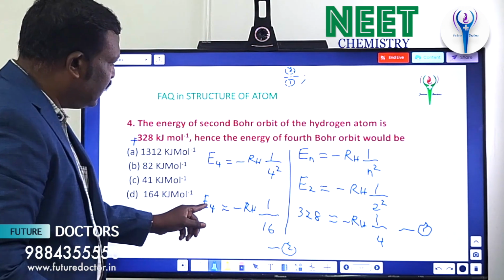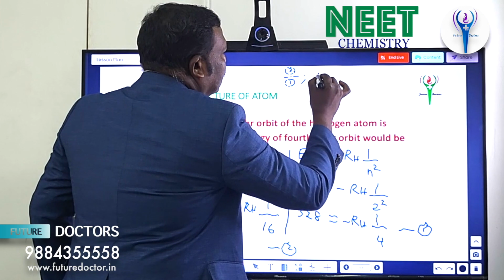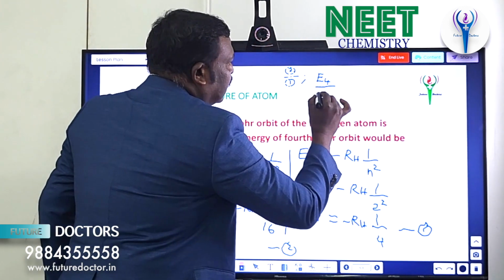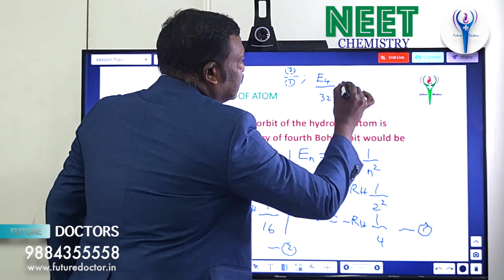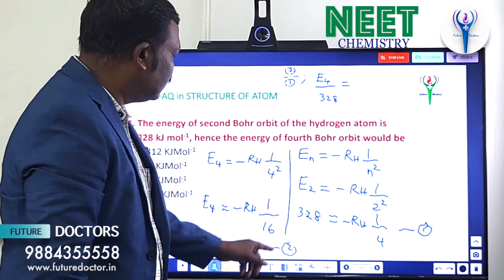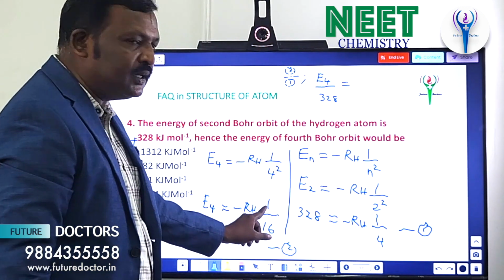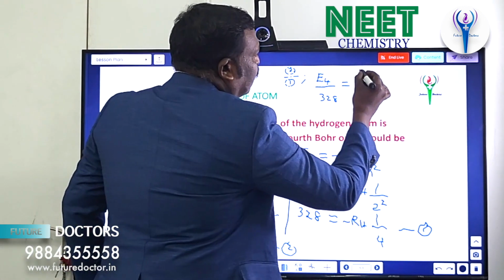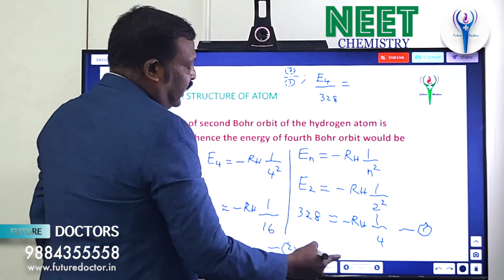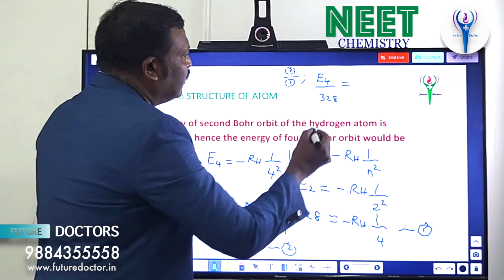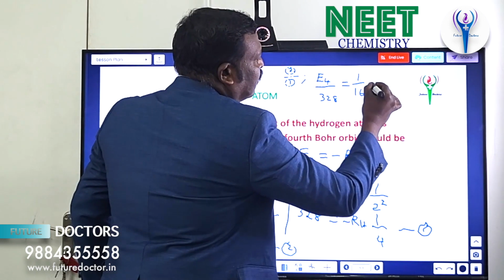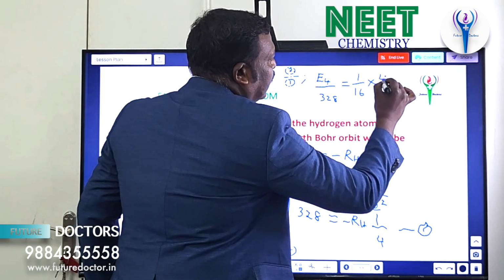Okay, so here E4 by 328 is equal to what? See the right hand side: 1 by 16 divided by 1 by 4. That means we can write it as 4 by 1.